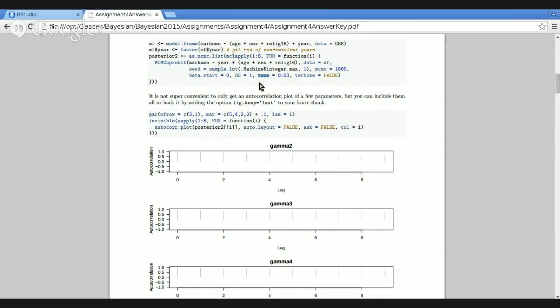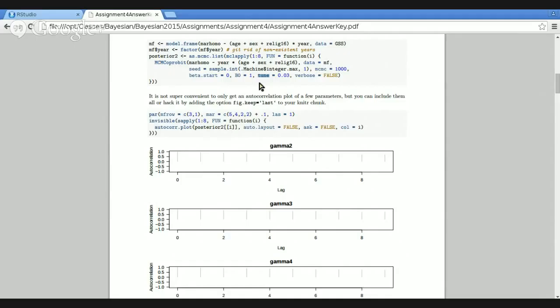And that has a lot to do with the fact that, out of 8 lags, it probably only updated twice. So by construction, there's going to be a fair amount of autocorrelation. But if the gammas are not mixing well, then the Y stars are not going to be mixing very well. If the Y stars are not mixing very well, the betas are not going to be mixing very well.